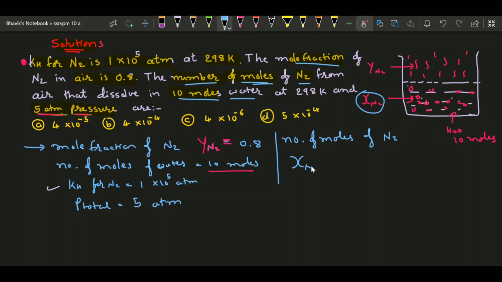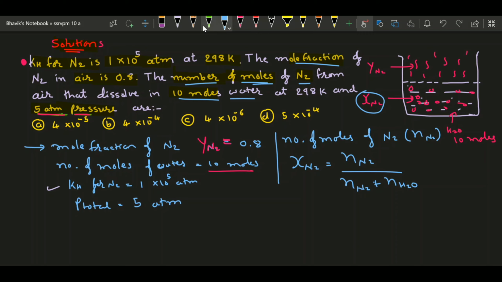You can write XN2 is equal to the number of moles of nitrogen, I can write here nN2, divided by n total, because only two components are there, one is nitrogen and another is water. I can write here divided by nN2 plus nH2O.